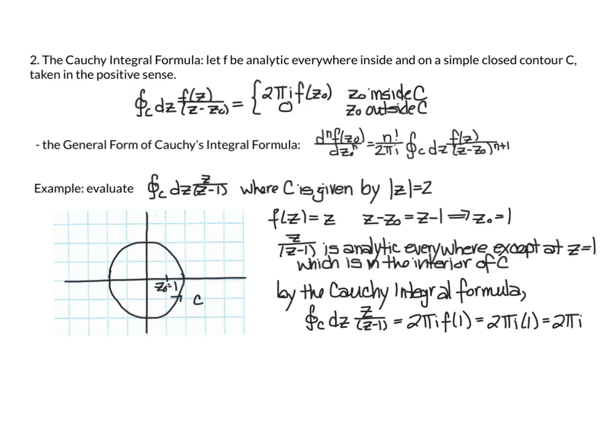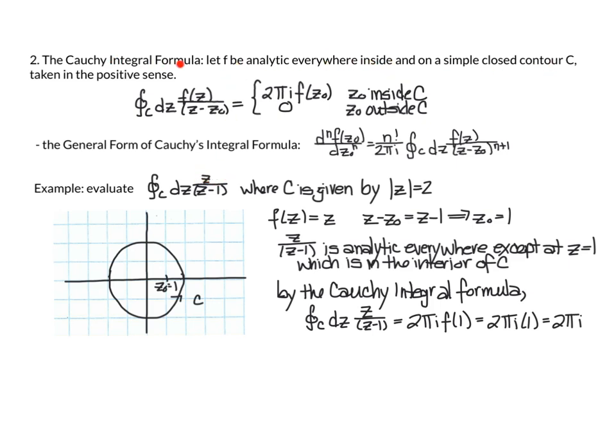Our example is the integral over C of z over z minus 1, where C is the circle of radius 2. This is our picture. Here is our C of radius 2. And then our z naught, that is where our singularity is. But you can see that z is analytic everywhere.